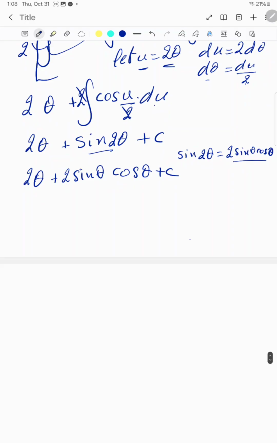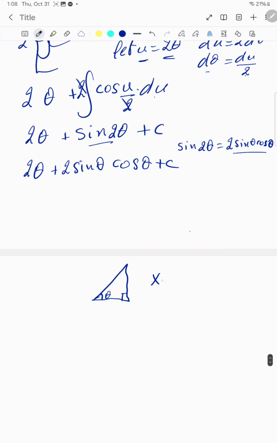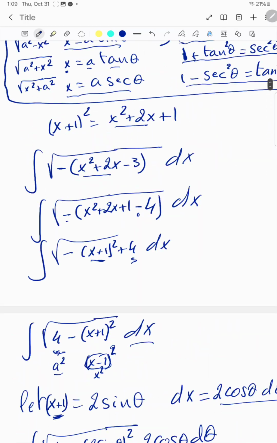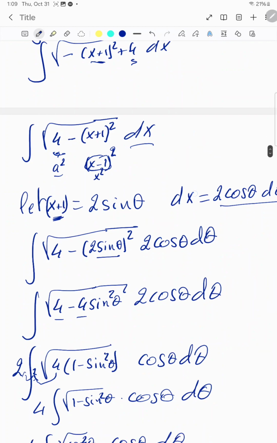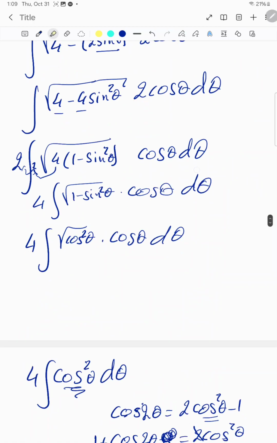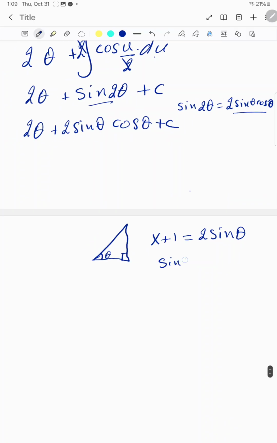If I write my famous trigonometric triangle, and that's my theta, and that's my right angle. And if you remember at the beginning, we said let x plus 1 equal to 2 sine of theta. So x plus 1 is equal to 2 sine of theta, so I rewrite it here, that means my sine of theta is equal to x plus 1 divided by 2.